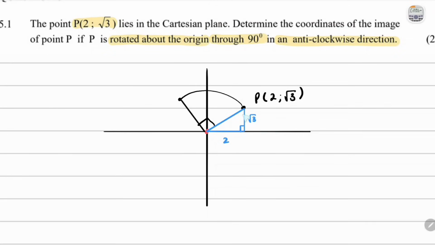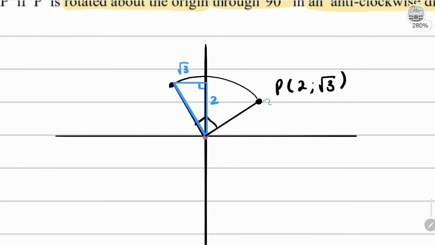And now we can just monitor what this is going to do as it rotates and then reaches this point over here. So from this, we can see that it still maintains that same triangle that was over here, where we had the square root of 3 units up and 2 units to the right.